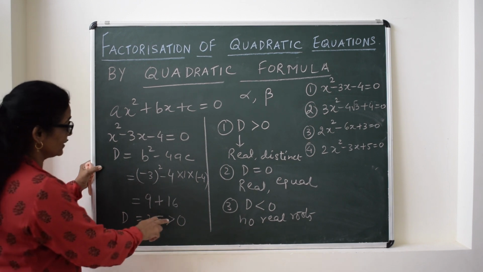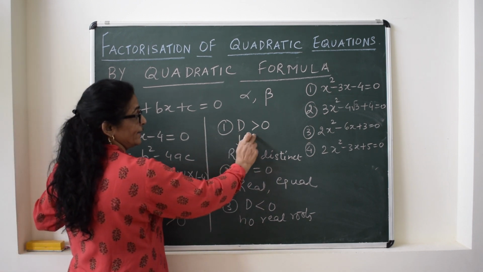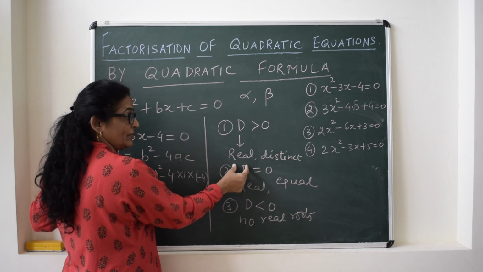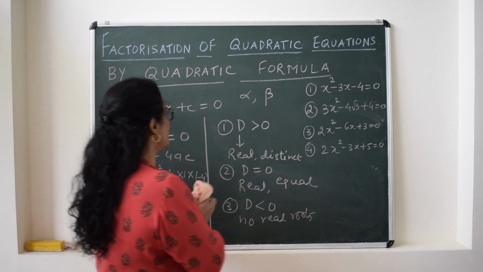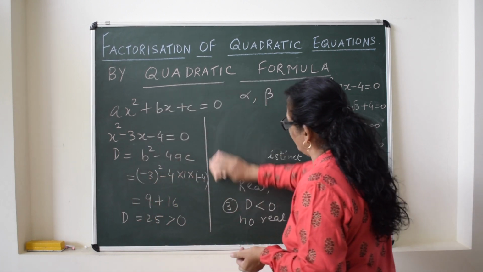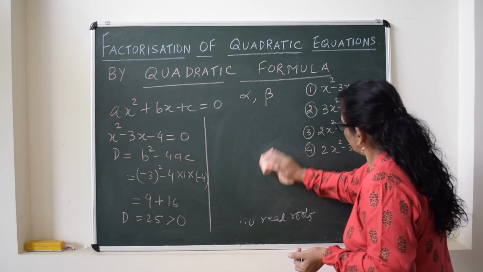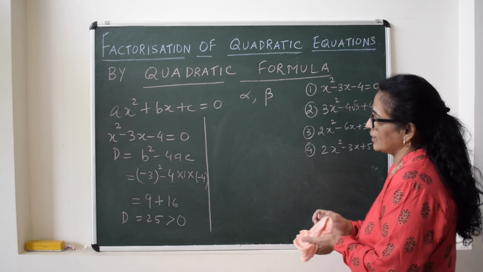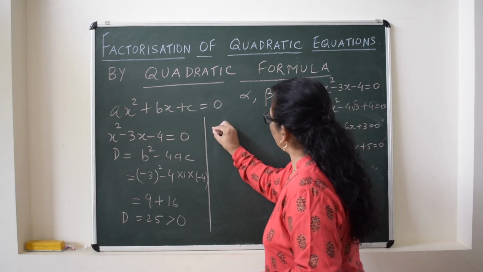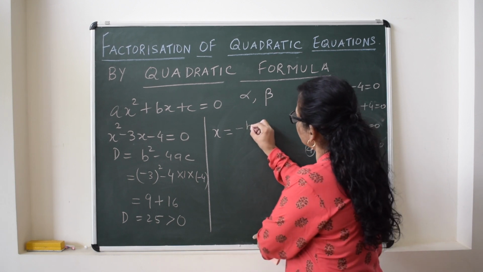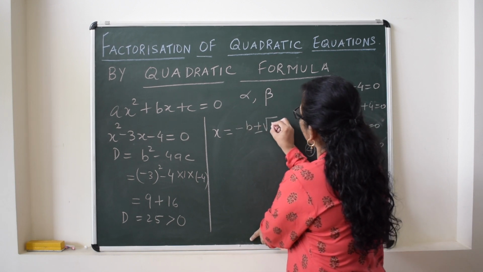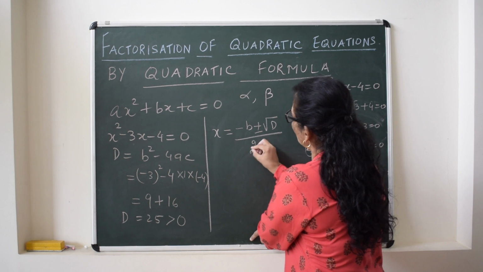And that too, the first condition says when D is greater than 0, roots will be real as well as distinct. So, we will use the quadratic formula and we will find out the roots of this equation. The formula says the values of x are minus b plus minus under root of D upon 2a.